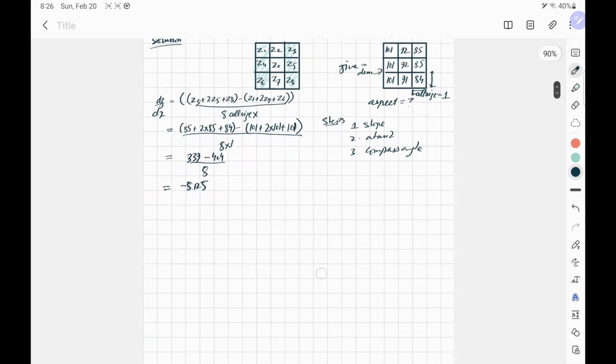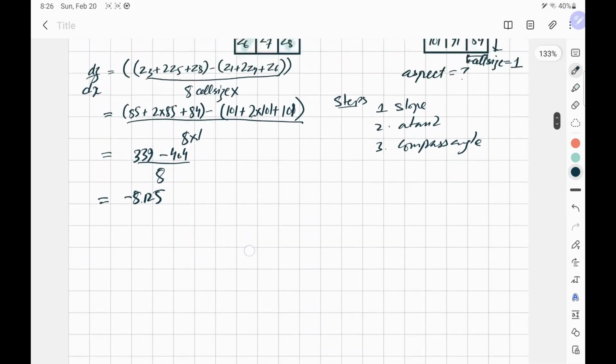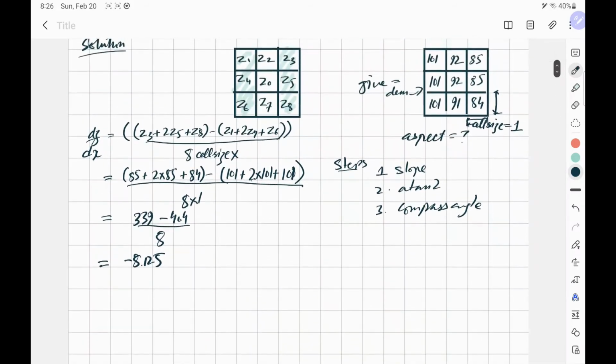Now let's find the slope in the other direction. For the y direction, we'll use the following cells, these cells and these cells.